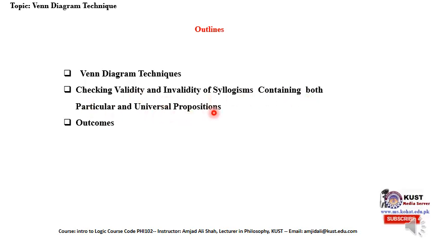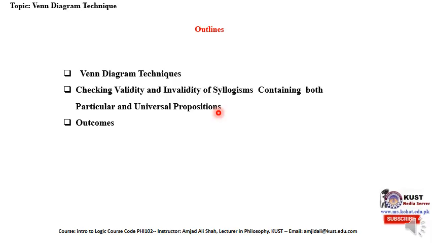and universal propositions. Students, if you remember in the previous lecture, we discussed the method, the technique of checking the validity or invalidity of syllogisms. That's categorical syllogism, but in those categorical syllogisms, there were universal propositions.